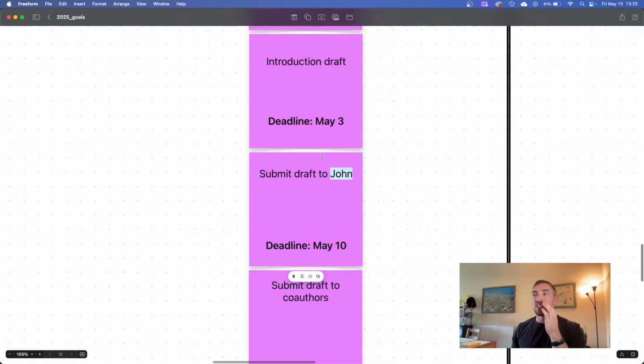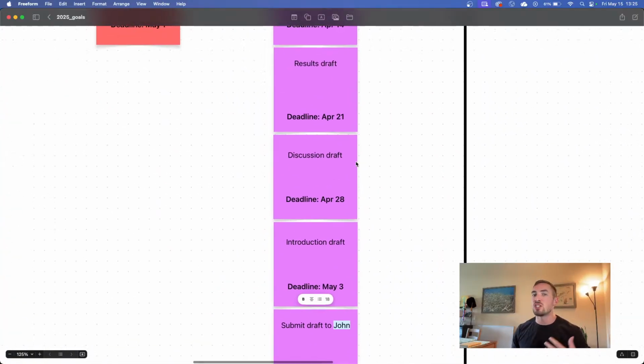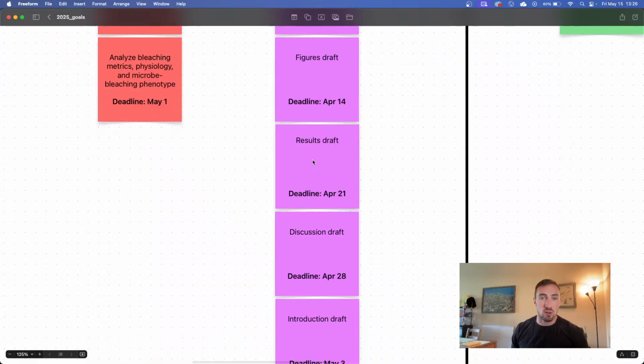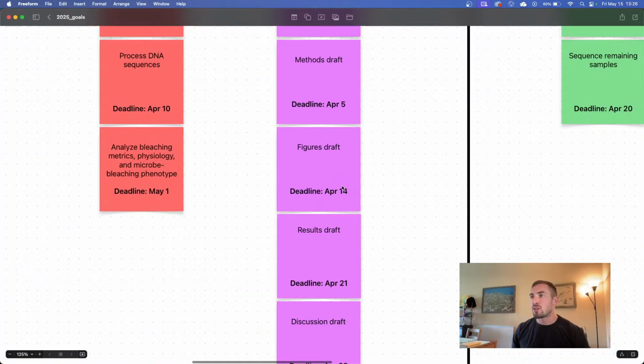So then if you continue working backwards, when it comes to writing, you might do it section by section. Everyone's writing process is a little bit different, but you'll have writing goals. And those are going to have deadlines. Everyone's order is a little bit different.